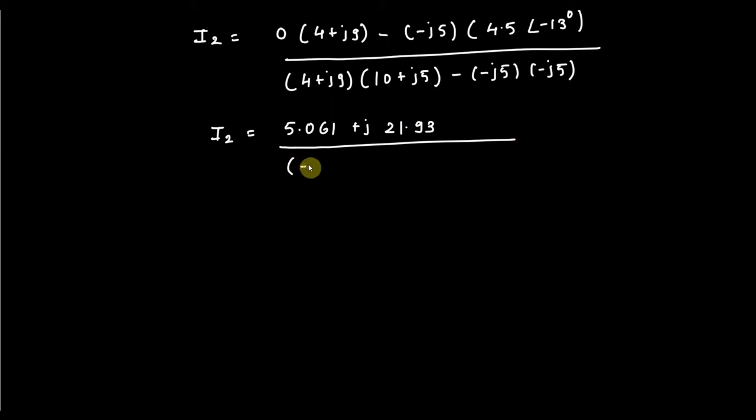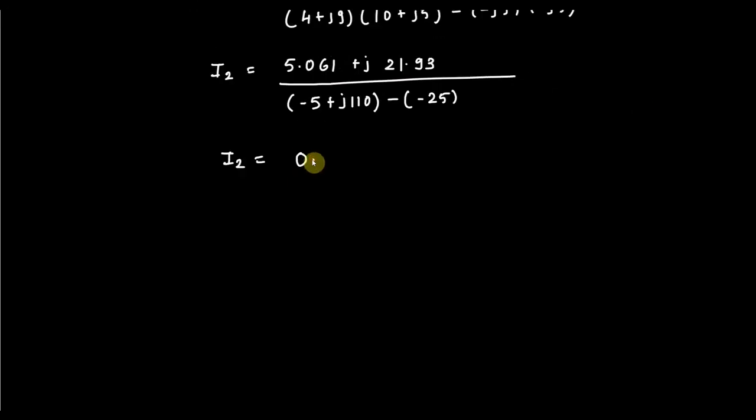This will be minus 5 plus J110, minus, this is minus 25. We have solved this. It comes out to be 0.201 minus J0.0094.